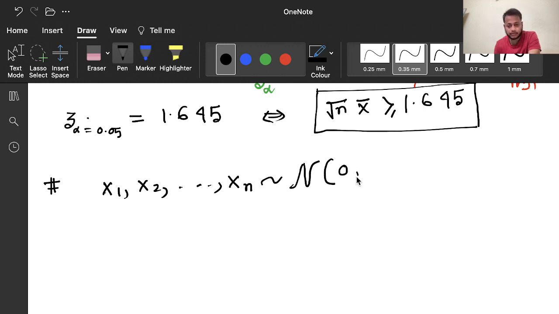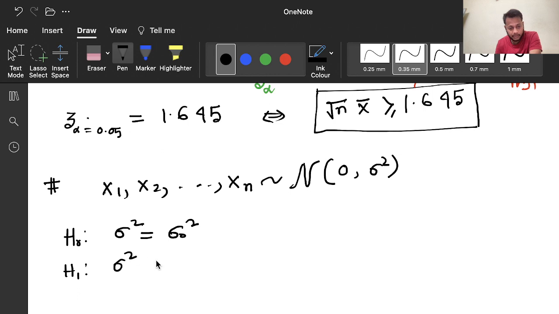My null hypothesis is that sigma square equal to sigma 0 square, against the alternative hypothesis that sigma square equal to sigma 1 square.